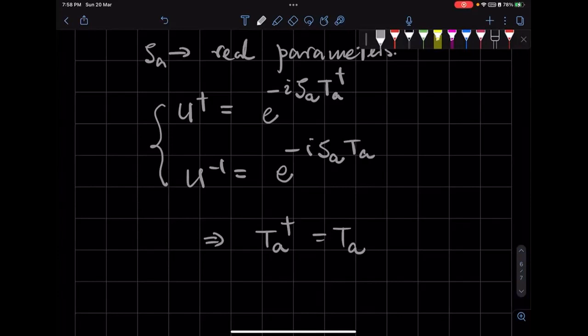Okay? So this is one of the important properties of the SUN matrices. This also is a clue as to why they are so useful in quantum mechanics, because in quantum mechanics, all the observables are Hermitian operators, or Hermitian matrices, if you think in terms of Heisenberg's matrix mechanics.